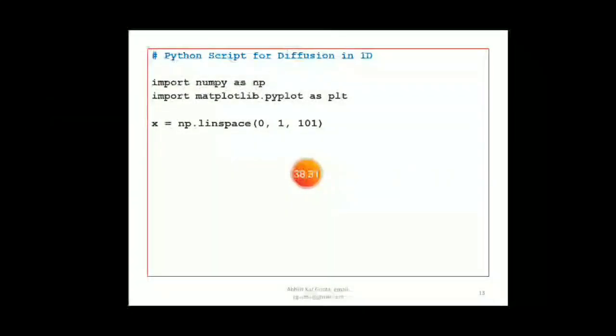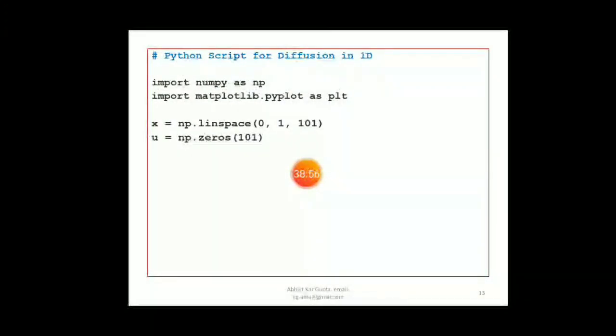And you have u equal to np.zeros. This is a special NumPy array. You probably already know, but if you don't, you can put this on your interpreter and check what this gives. np.zeros, and in the bracket there is 101.